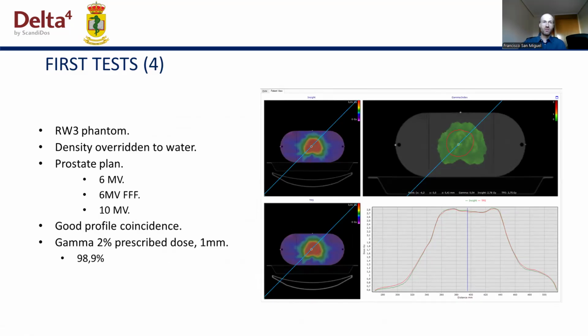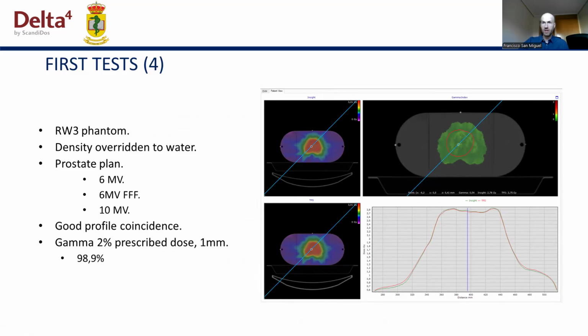The last test performed before starting with a real patient was a prostate plan, again calculated using a homogeneous water equivalent phantom. The image shows the plan for 6MV, although this plan was evaluated for all three available energies with equally satisfactory results.